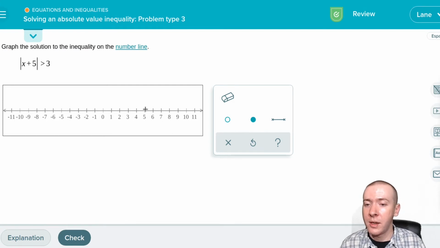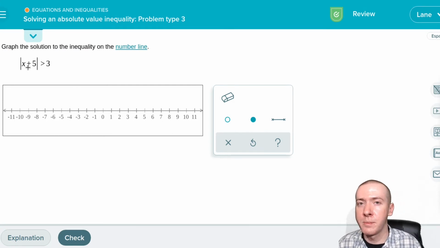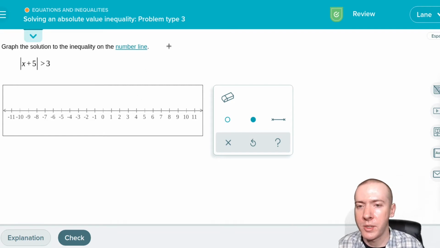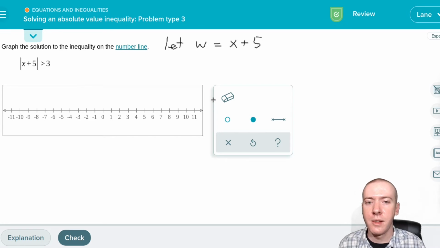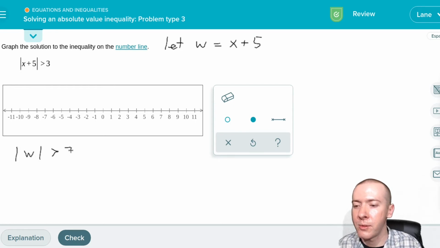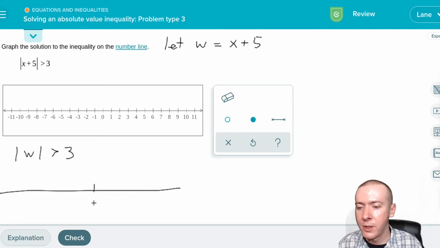Okay, so again, I'm going to use a different variable. Let's use w this time. So I'm going to say let w equal x plus 5. And so this expression would become absolute value of w greater than 3. Now we just have to make a simple, quick sketch of a graph for this.